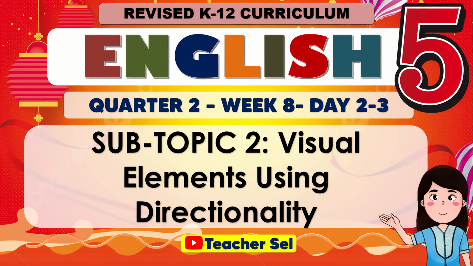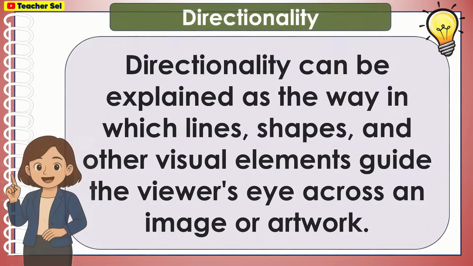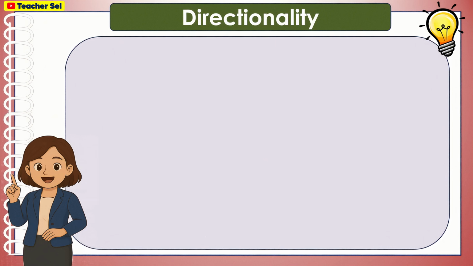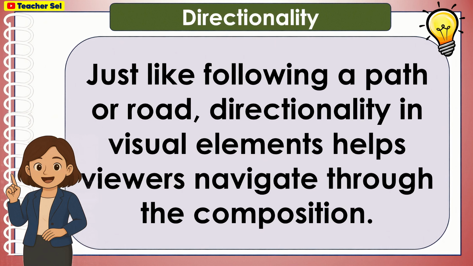Subtopic 2, Visual elements using directionality. Directionality can be explained as the way in which lines, shapes, and other visual elements guide the viewer's eye across an image or artwork. Just like following a path or road, directionality in visual elements helps viewers navigate through the composition.